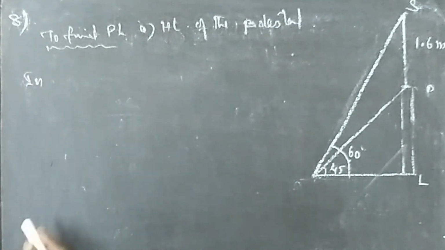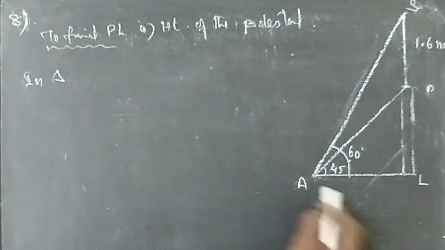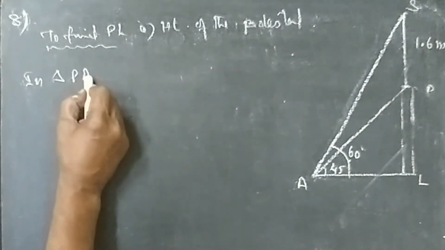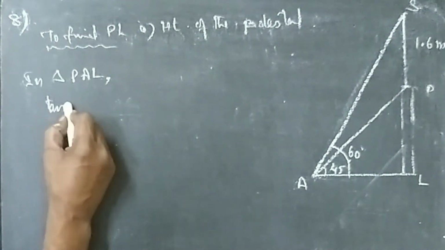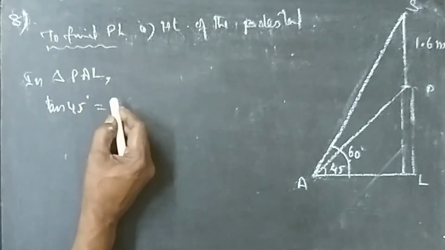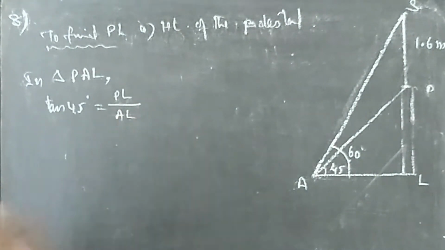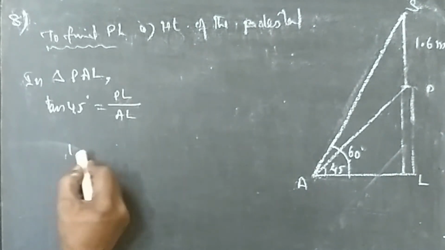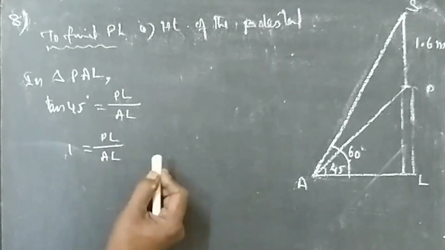In triangle PAL, tan 45 is equal to PL by AL. Tan 45 is how much? Yeah, 1 is equal to PL by AL.